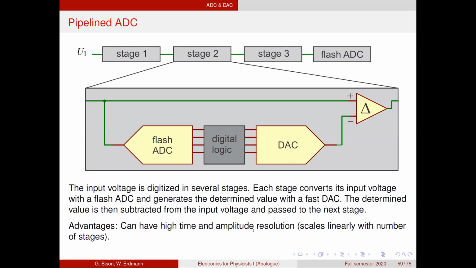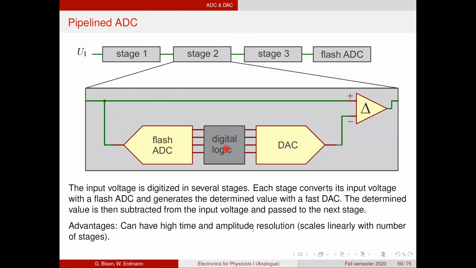Now there's a more modern version of the flash ADC, and this is a pipelined ADC. It works like this: you have basically divided it down into different stages. In each stage, you have an input voltage that is converted by the flash ADC into a digital value.